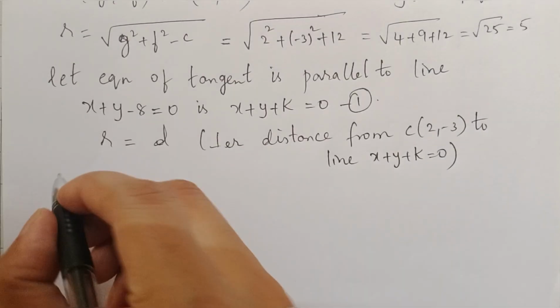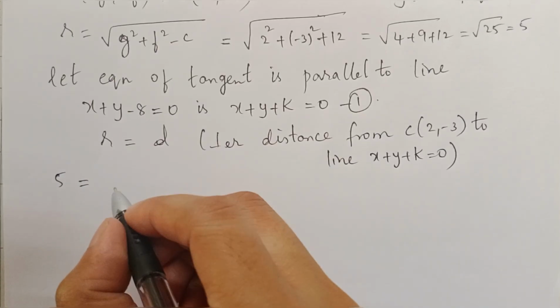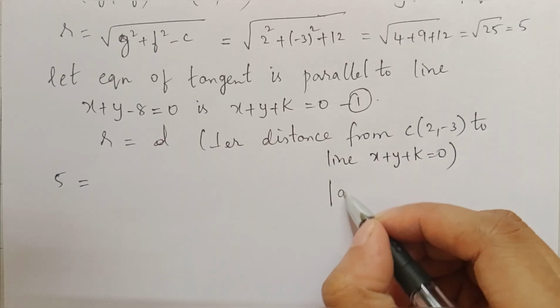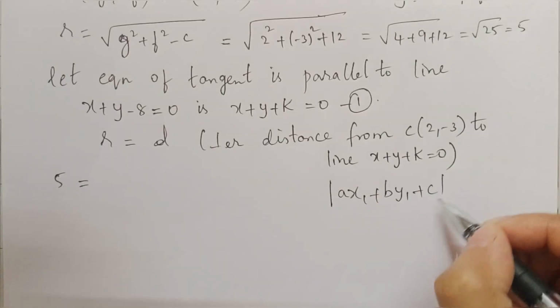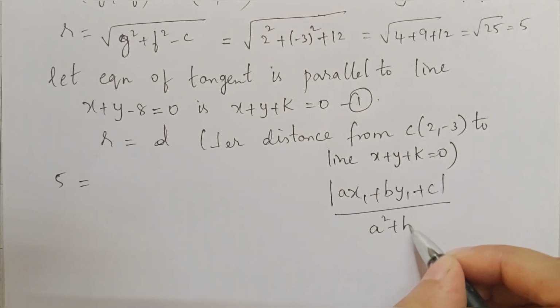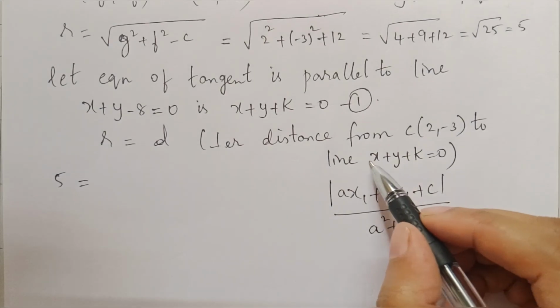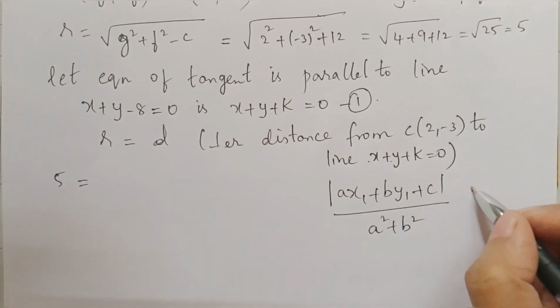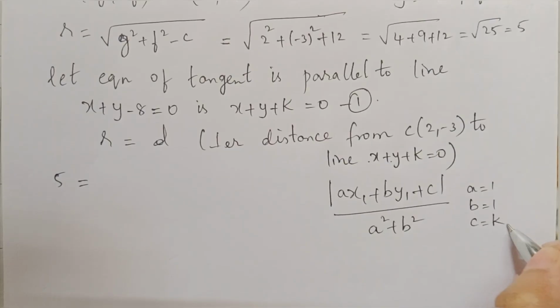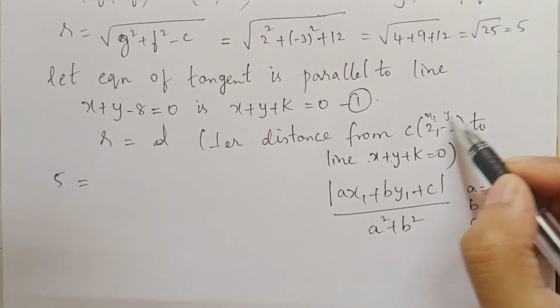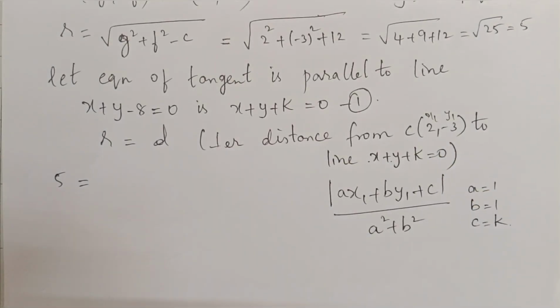So the radius equals 5 here, and the formula, we already know, is mod of a x1 plus b y1 plus c by root a square plus b square. Here the value of a is 1, b is also 1, the value of c is k, and the center point is x1 comma y1.